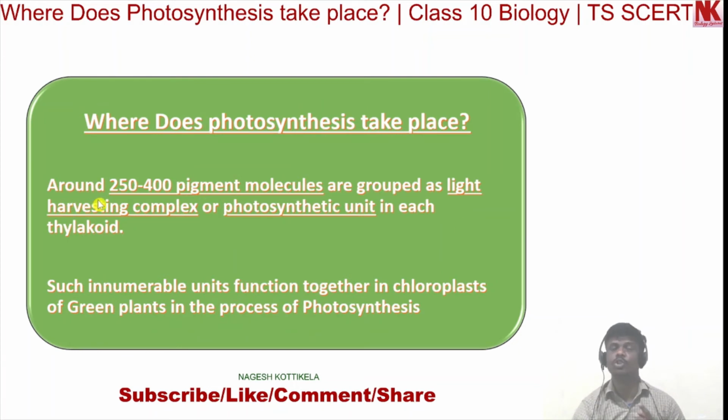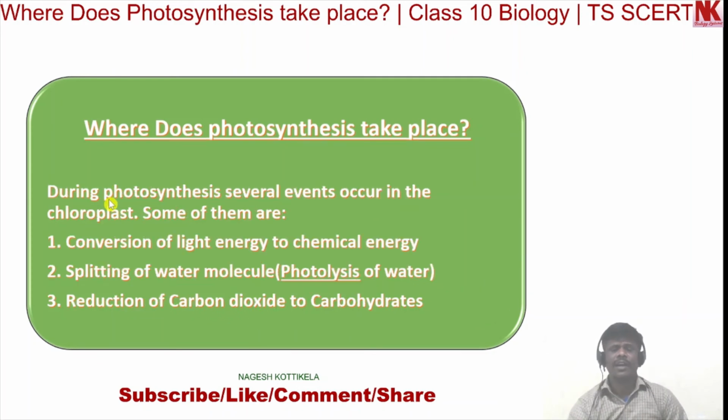Around 250 to 400 pigment molecules are grouped as a light harvesting complex or photosynthetic unit in each thylakoid. Such innumerable units function together in chloroplasts of green plants in the process of photosynthesis. During photosynthesis, several events occur in the chloroplast.